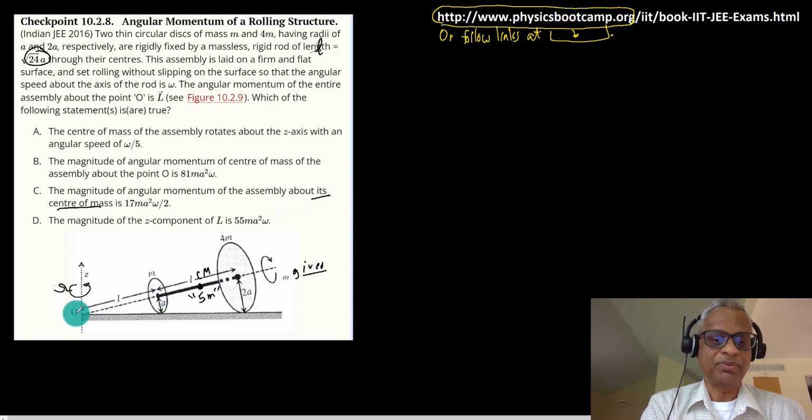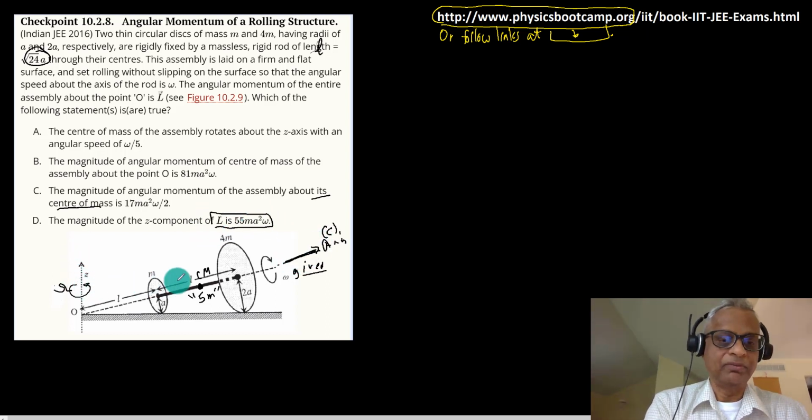So it's about this axis. So C is about this axis, and D is the net angular momentum. So this one is in that direction, and the center of mass is in that direction.